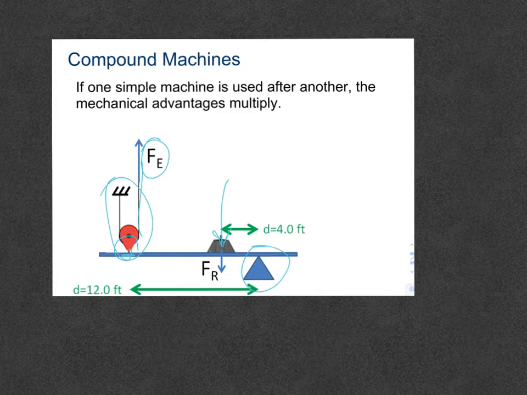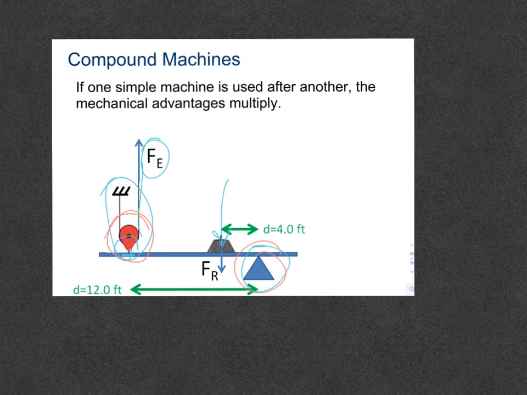Let's say that we have a system like that. How are we going to calculate the ideal or the actual mechanical advantage of the system? I'm going to teach you how to do that. But this is just an example of how you can combine machines to use less energy and consequently less power. Here you have a pulley and here you have a lever.